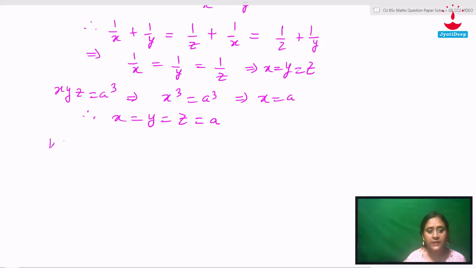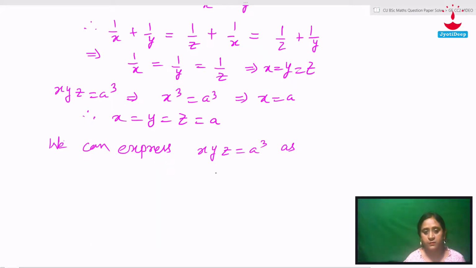Here we can express xyz is equal to a cube as function of x and y.